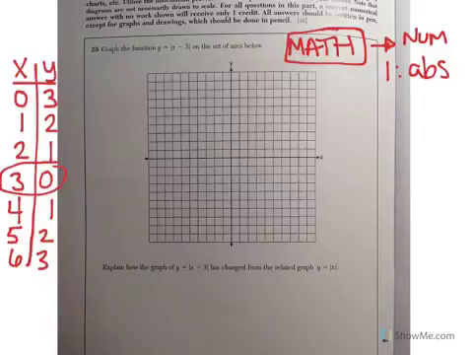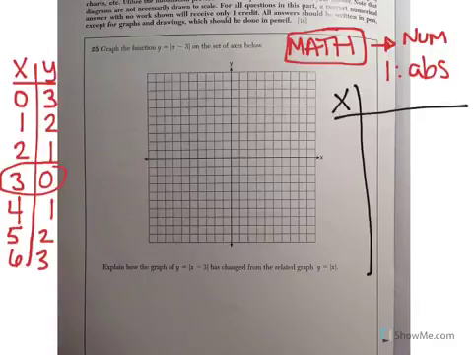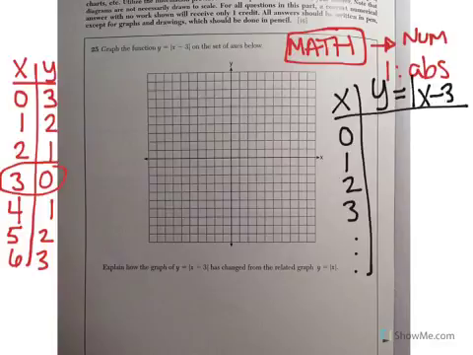If you didn't have a graphing calculator, the nice thing about this problem is that it's easy to find your y values without a graphing calculator. So if I use the same x values, 0, 1, 2, 3, etc., we'll just do a couple examples to show you. To find the y, all I do is plug my x value into the equation.